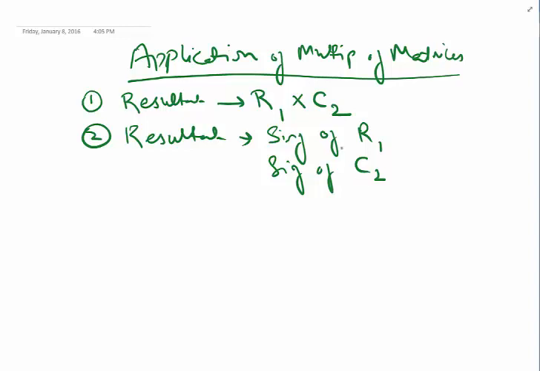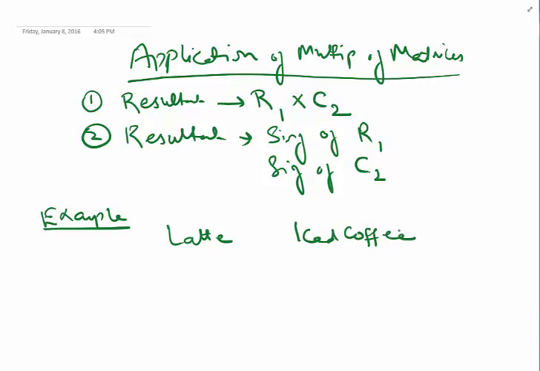Alright, so let's explain these two things, specifically point number two, by using one example. You need to write that question down. The question is, a coffee shop sells both latte and iced coffee, right? A short size of either costs $2 and a tall costs $5.